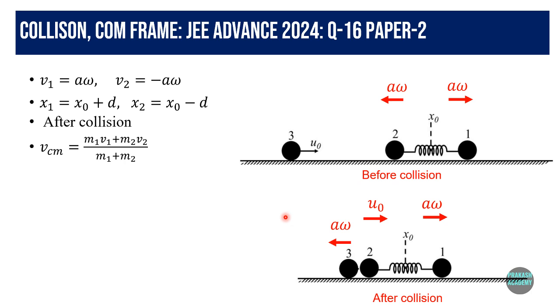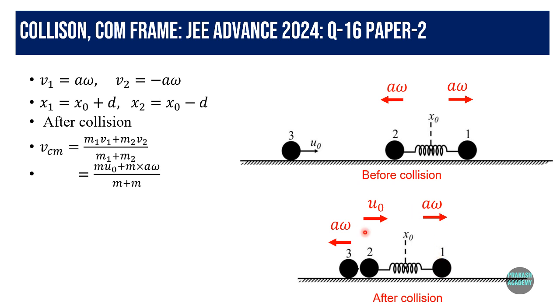So, velocity of center of mass is given by this formula, that is m1 v1 plus m2 v2 divided by m1 plus m2. So, this is the situation. Now, see, the velocity of particle 1 will not be disturbed because it has not gone through any kind of collision. So, we can find.